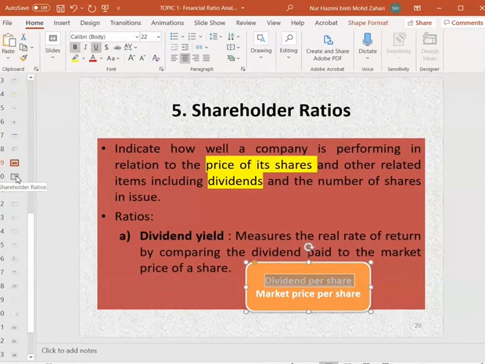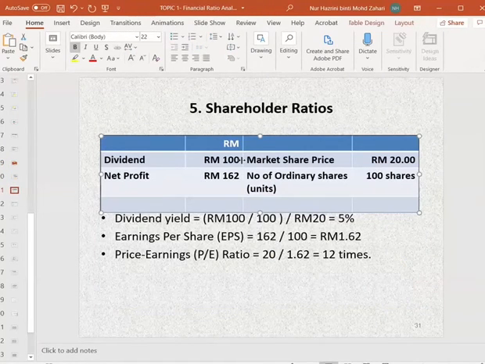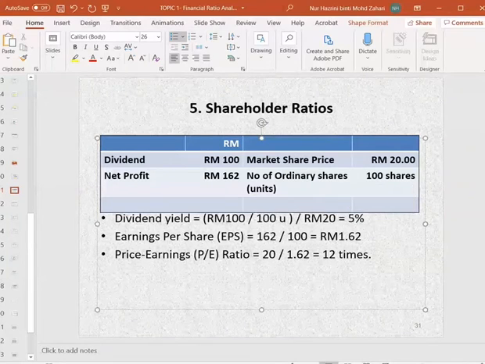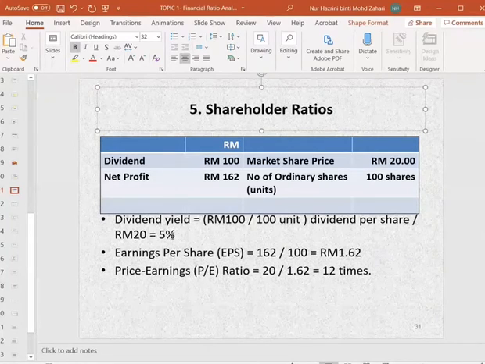You have the total dividend here, 100 ringgit, and number of shares is 100. So you take 100 ringgit divided by 100 units of share to get the dividend per share. And then divide with market price per share. So you have 5%. Later we will look at how we read this 5%.